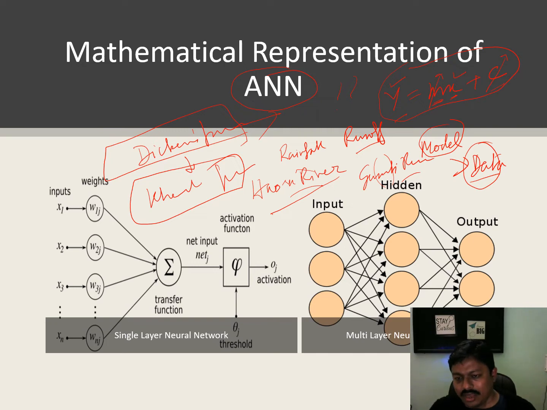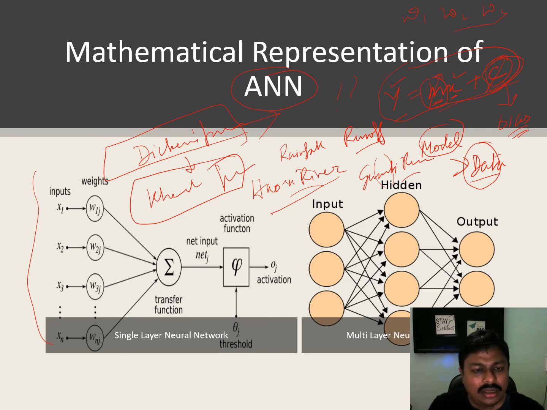Okay, so in case of ANN, M and C are replaced by weights W1, W2, W3, like these weights, and C is replaced by something known as bias. Now, this is a schematic diagram of a single layer neural network.